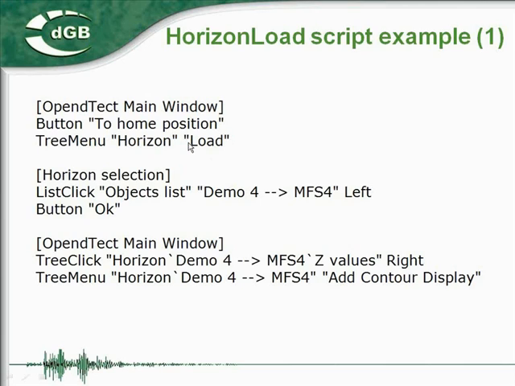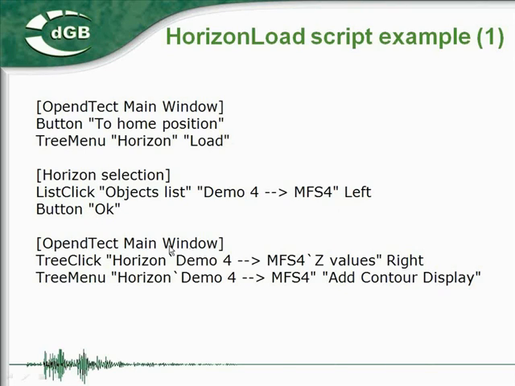Well, this made a new window pop up, which was the horizon selection window, and in that window we did a list click. The name of the list was called object list, and the element we clicked on was called demo MFS4, and it was a left mouse click. And after that we clicked on the button OK.